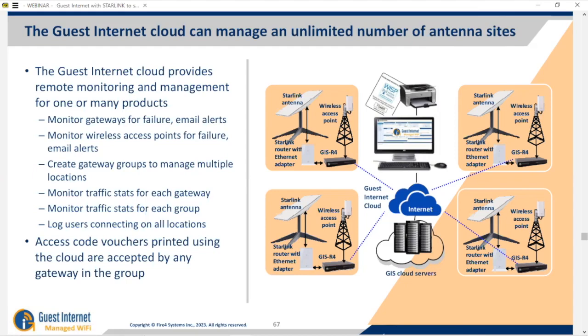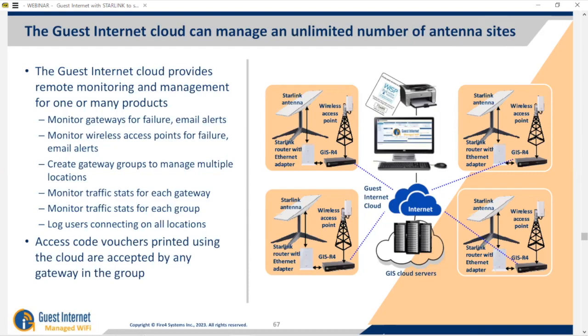Each group can have vouchers printed, and those vouchers will work with any one of the antennas within that group. And so management of the service is very easy. You don't need a big company or a team of people to manage the internet service for a number of villages or towns.